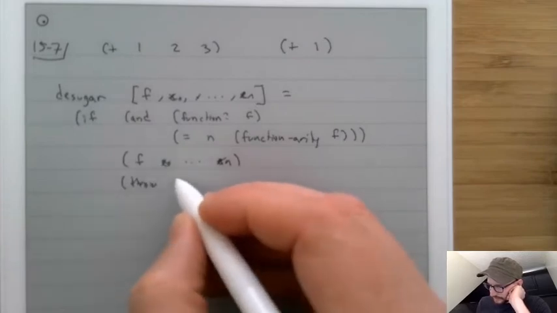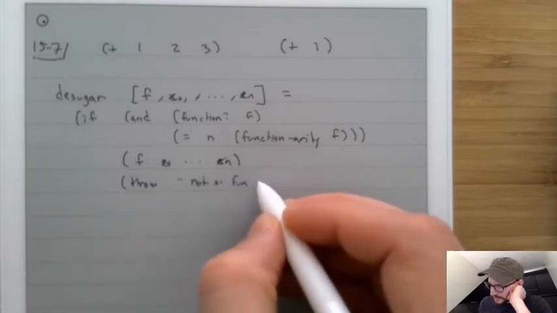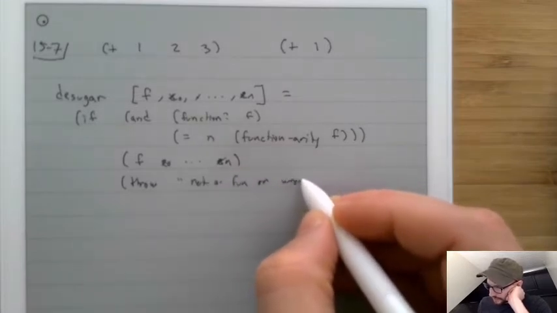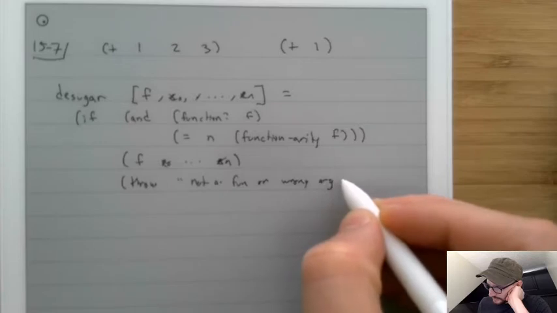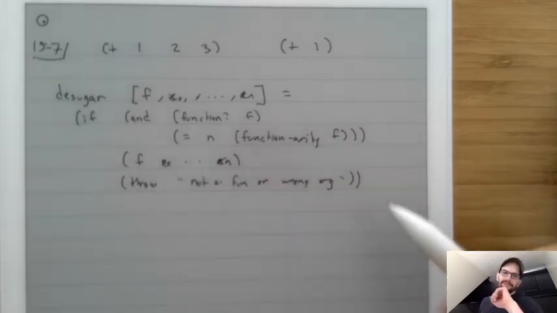Otherwise, it will call throw: not a function, or wrong arguments. Close the if, okay?